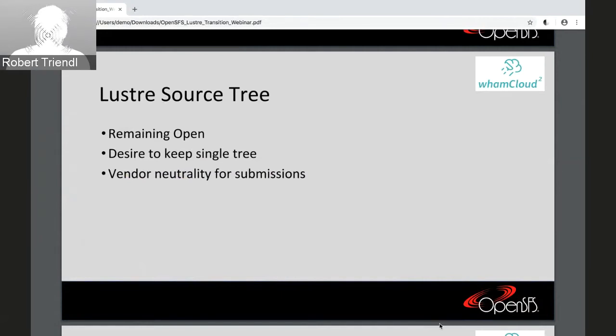I'll add to that, we also want to be very clear with the community that we are committed to open source in a fundamental way, so we are not going to hold back patches or things. Everything that is done in the source tree will remain open and will become open immediately. And the ambition that we have really is to make that open source distribution the major Lustre distribution and not have any separate DDN distribution or do something special that is available only to a certain set of customers.